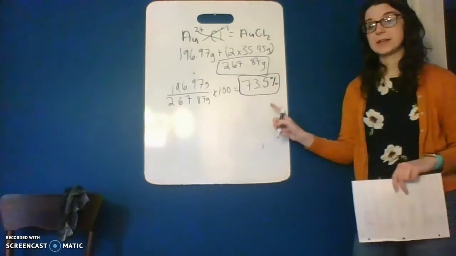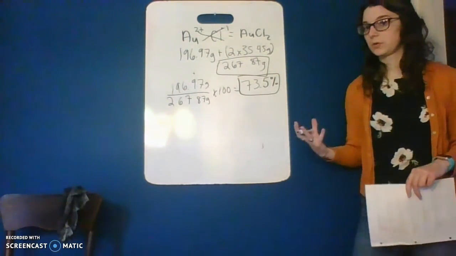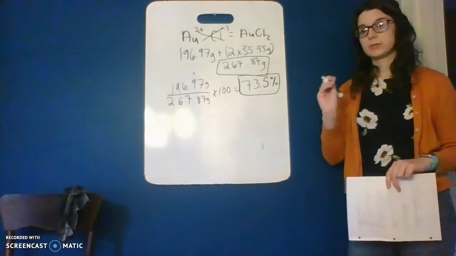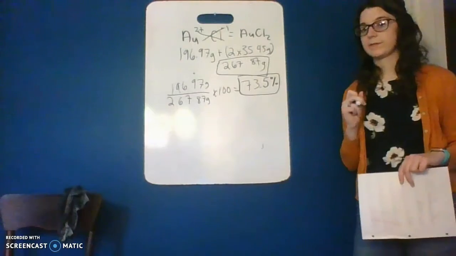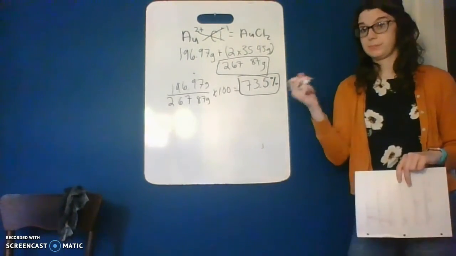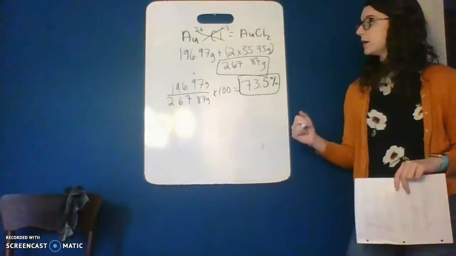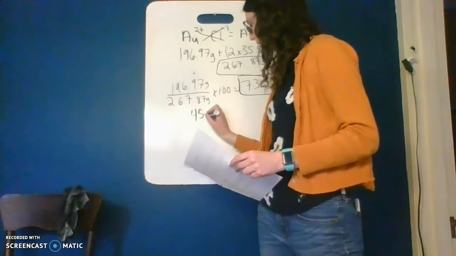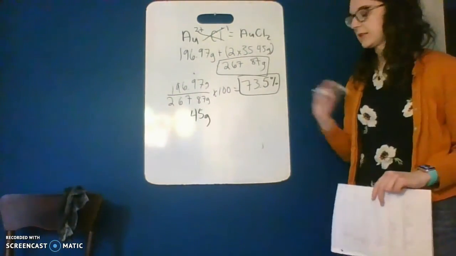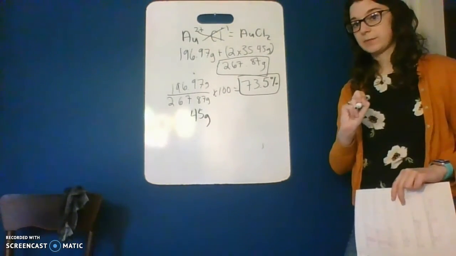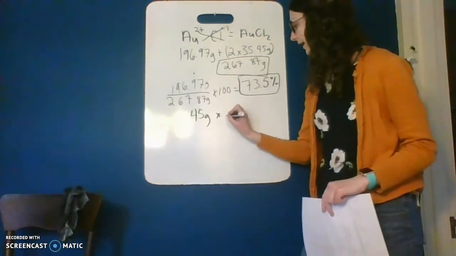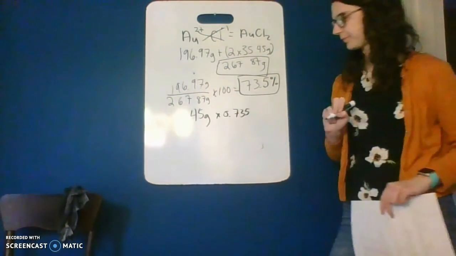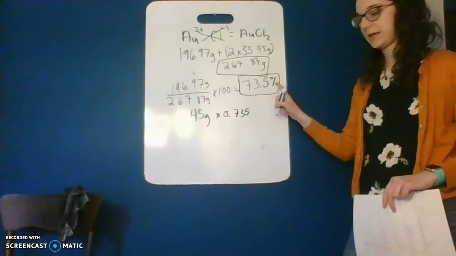That does not answer the question yet. I found the percent of gold. That means in any sample of gold(II) chloride that I am given, 73.5% of it is going to be gold by mass. My sample size is 45 grams. Based on this percent, I know that 73.5% is gold, so I'm going to multiply by 0.735, because I don't trust the percent sign on my calculator.